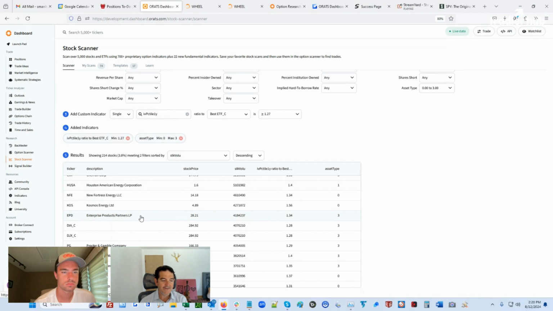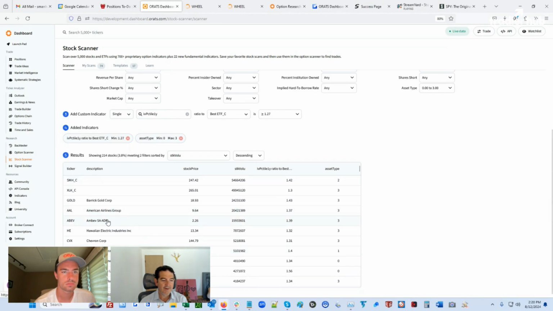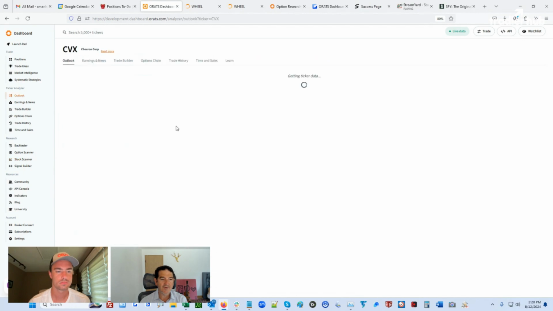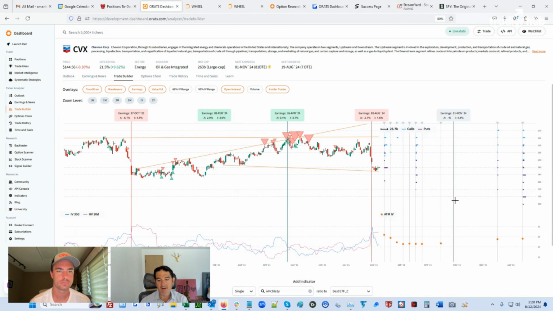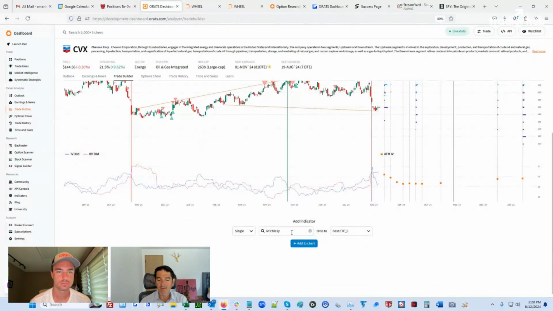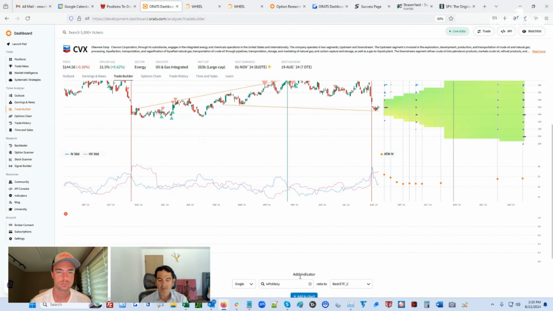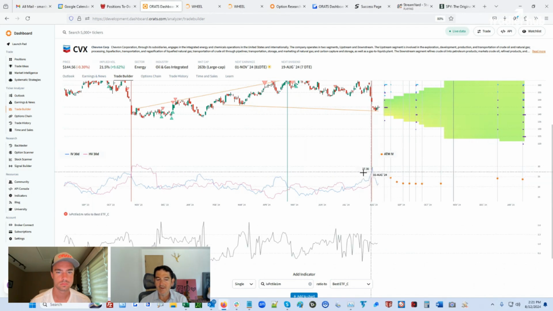Let's look at, if you look at Chevron, that's a little bit interesting that the percentile of Chevron is that high. So let's look at Chevron. We go to the trade builder and look at what the percentile is. It's probably pretty high. So look at how the volatility spiked and it has come down.